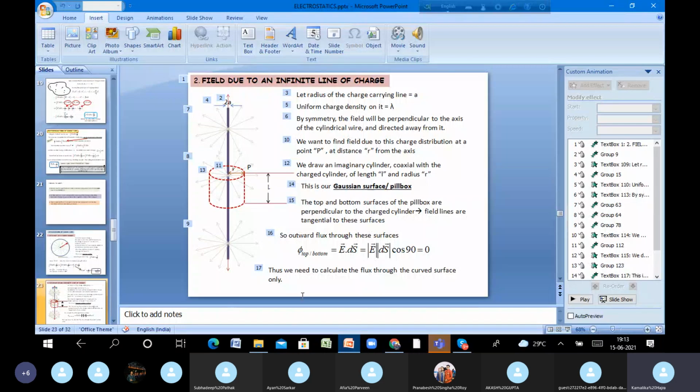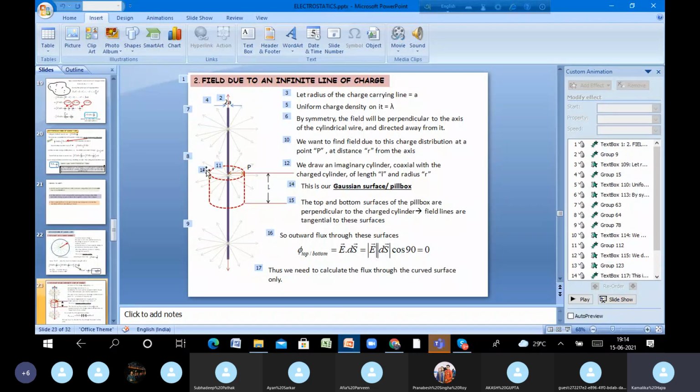Again, the information given is that the radius of the charge carrying line is A and the uniform charge density on it is lambda. This is linear charge density because we are considering a line charge. First you have to again determine the symmetry of the problem. If you take any point on this line, you can see that the lines of force will be going out in all directions like this on a circular plane.